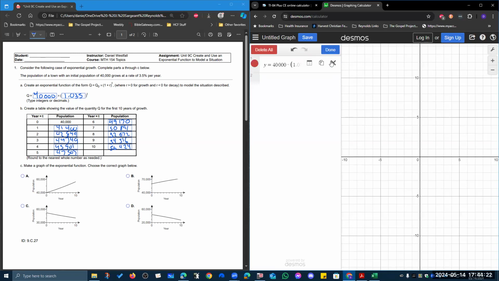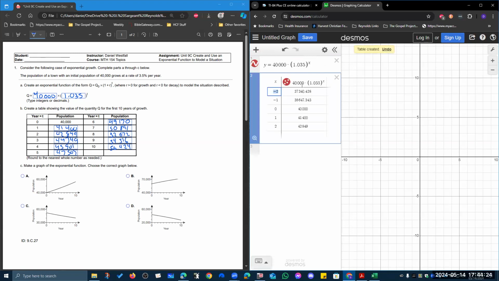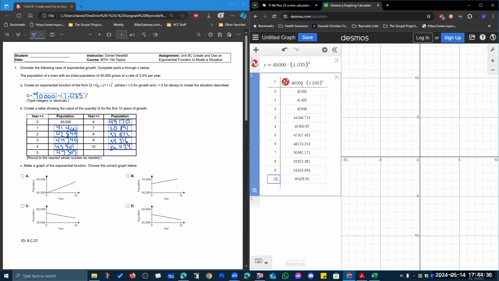And we want to convert this to a table here. We want 0, 1, 2, 3, 4, 5, 6, 7, 8, 9, and 10. And you'll get the same values that we got from the graphing calculator, and you can round those appropriately.